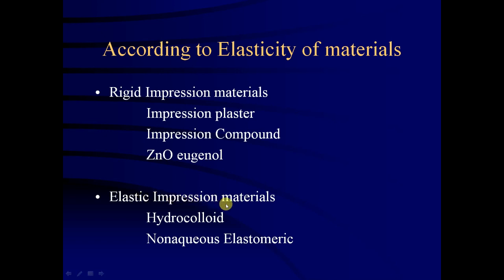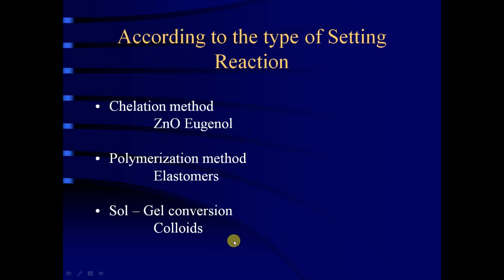Elastic impression material includes hydrocolloids and non-aqueous elastomeric impression materials. According to the type of setting reaction: chelation method, polymerization method, and solution to gel conversions. Chelation method includes zinc oxide eugenol. Polymerization method includes elastomers. Solution to gel conversion includes the colloids.